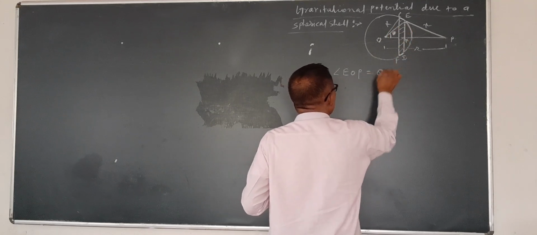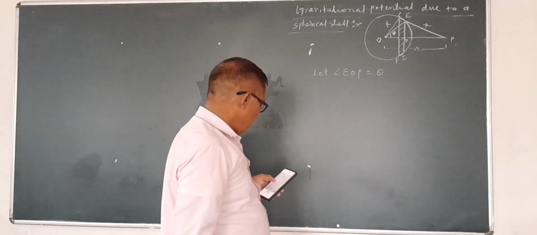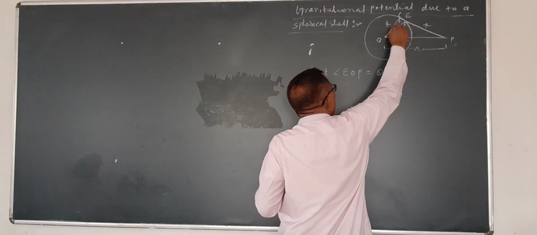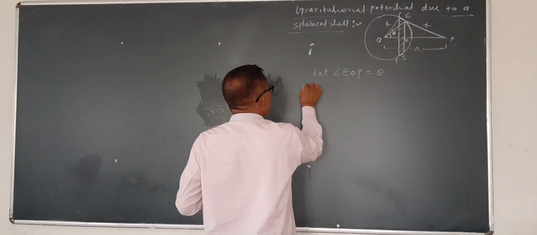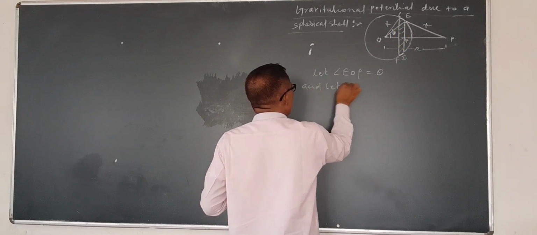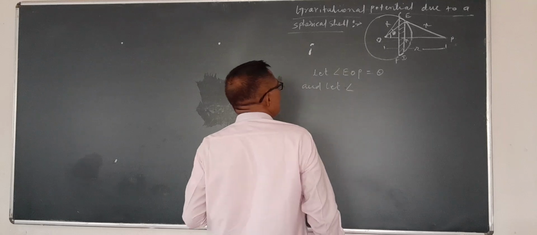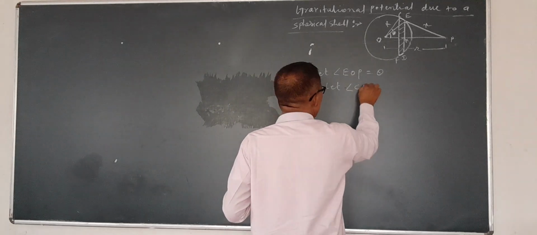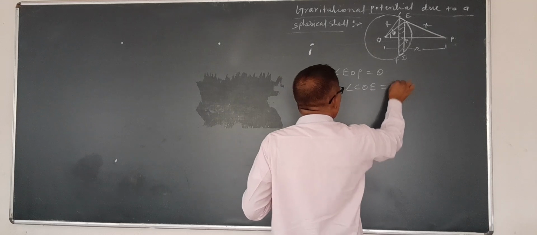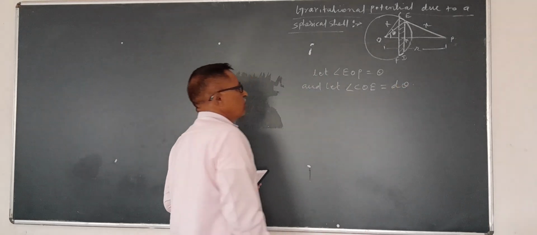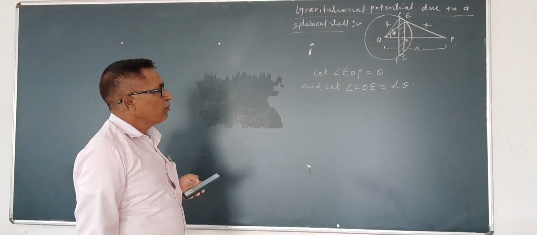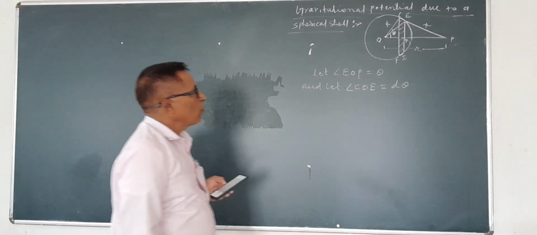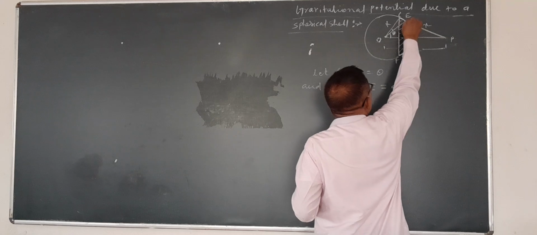Let angle COE be equal to the small angle d theta. From the geometry of this figure, we can calculate this distance EK.